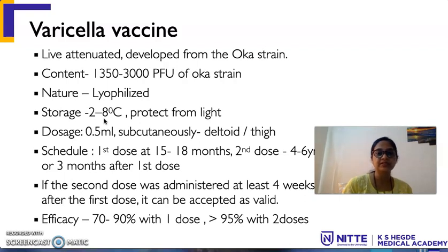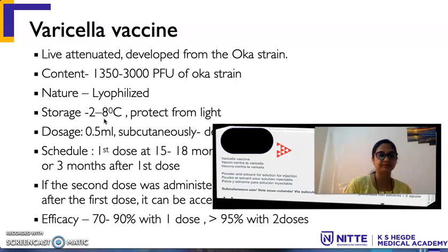The first dose is to be given at 15 to 18 months, the second dose after 3 months, or at least during 4 to 6 years before the child goes to school. Even if the vaccine is given after 4 weeks, it is considered valid. The vaccine efficacy after the first dose may be between 70 to 90%. However, after the 2 doses, vaccine efficacy increases to more than 95%. So this is the available vaccine.